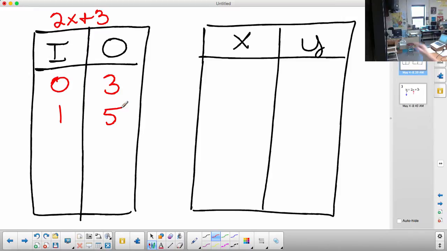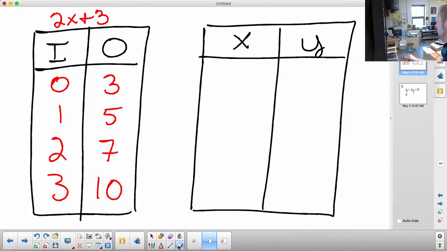If I input a 2, I get out a 7. If I input a 3, I get out a 10. Is that right? No.